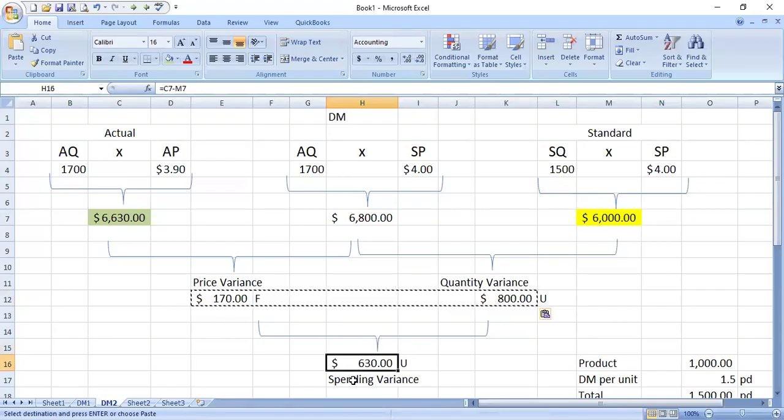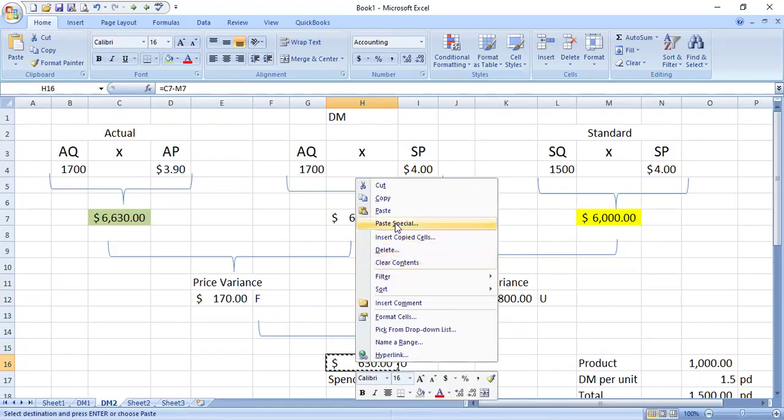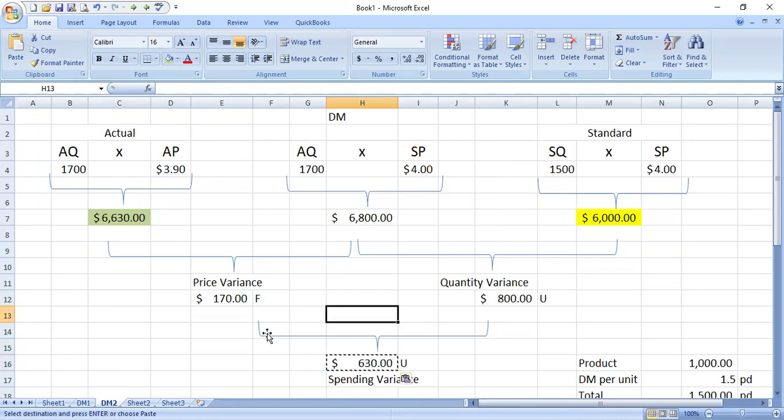So now the calculation is not going to change. This one I copy and paste as a value. So if I eliminate this number, I'm looking at what else I can eliminate.